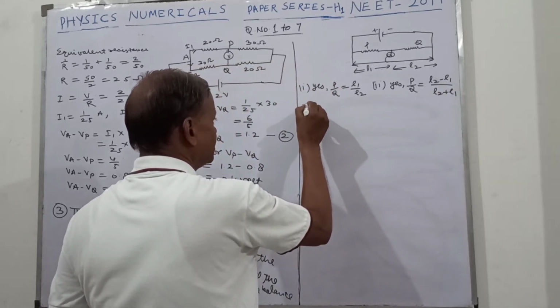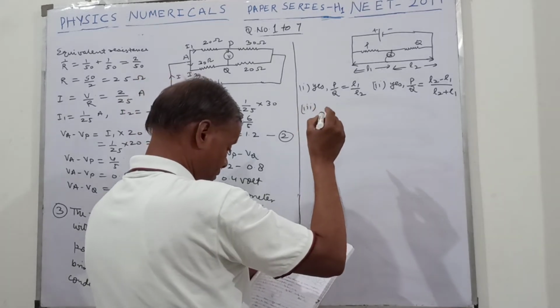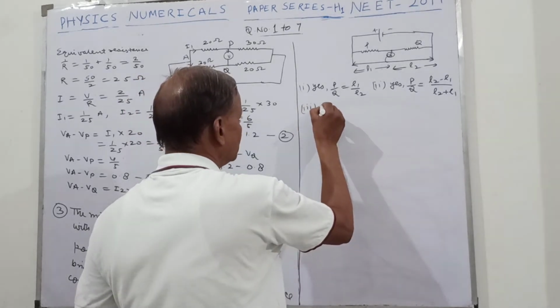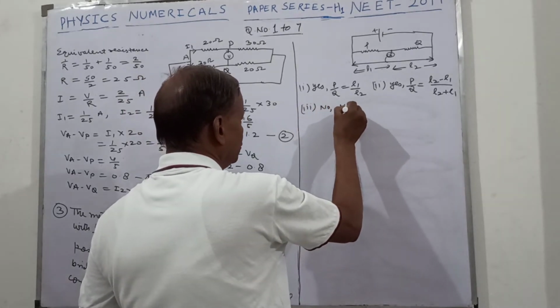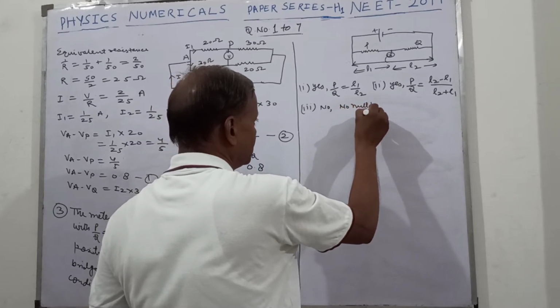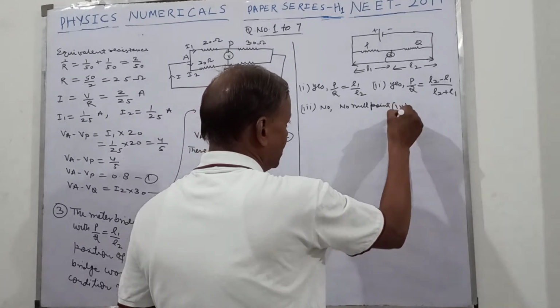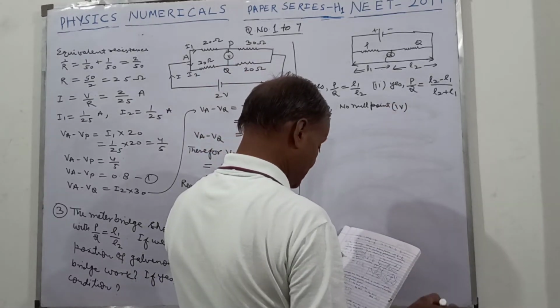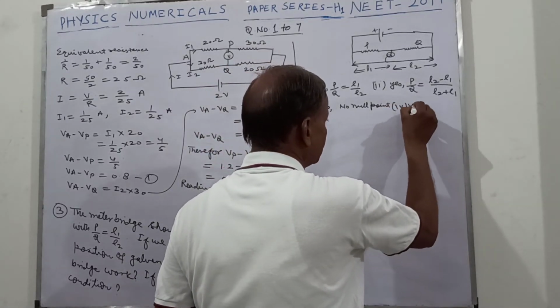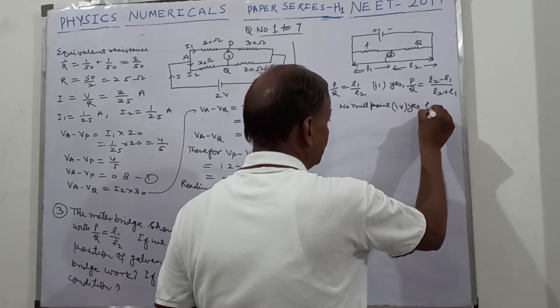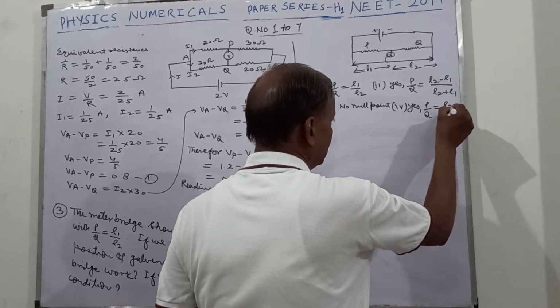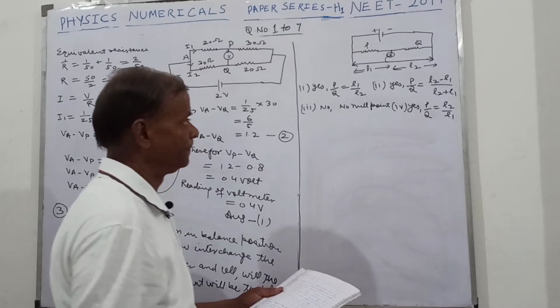And third choice is no null point. And fourth option is yes, P upon Q equal to L2 upon L1.